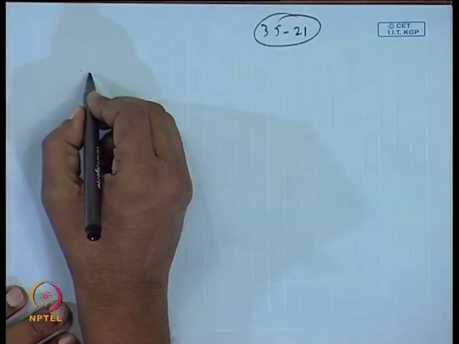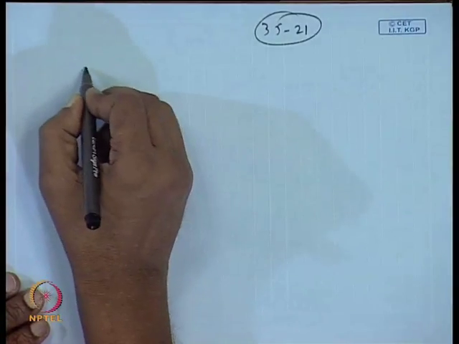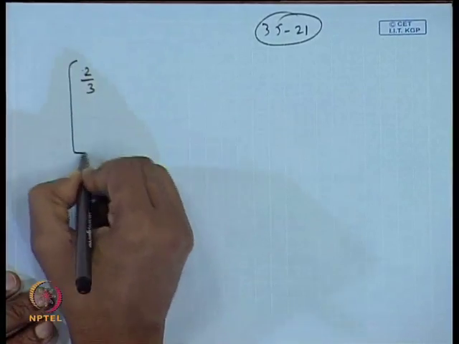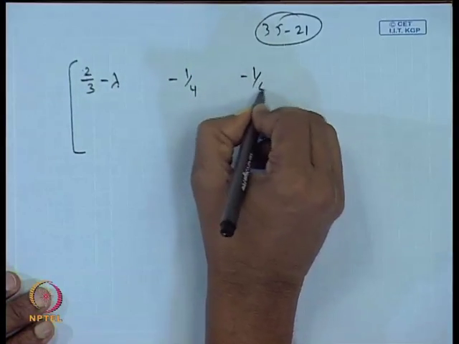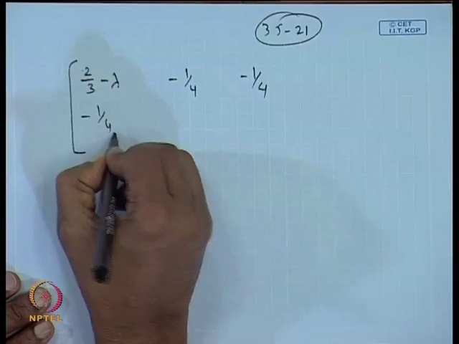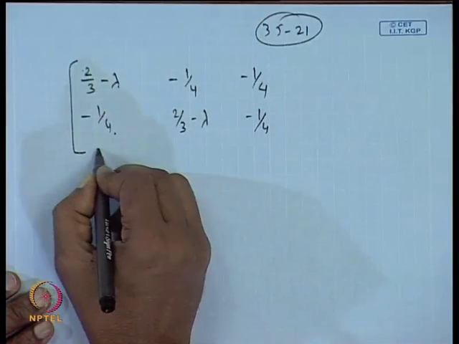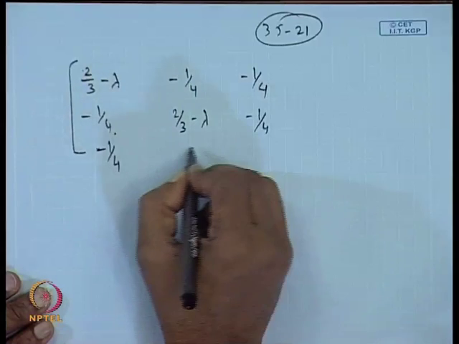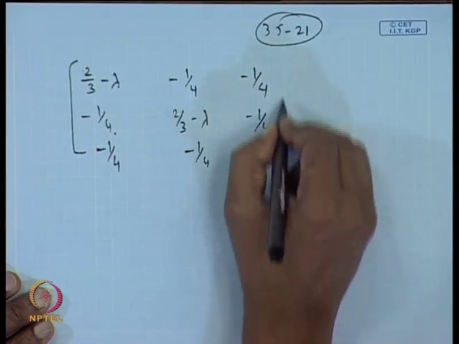We will go one step more ahead. We will write here 2 by 3 minus lambda, minus 1 by 4, minus 1 by 4, and then minus 1 by 4, 2 by 3 minus lambda, minus 1 by 4, minus 1 by 4, minus 1 by 4, 2 by 3 minus lambda.